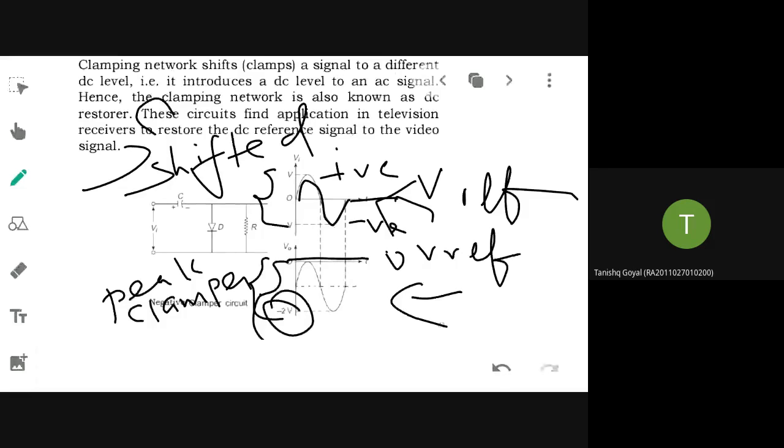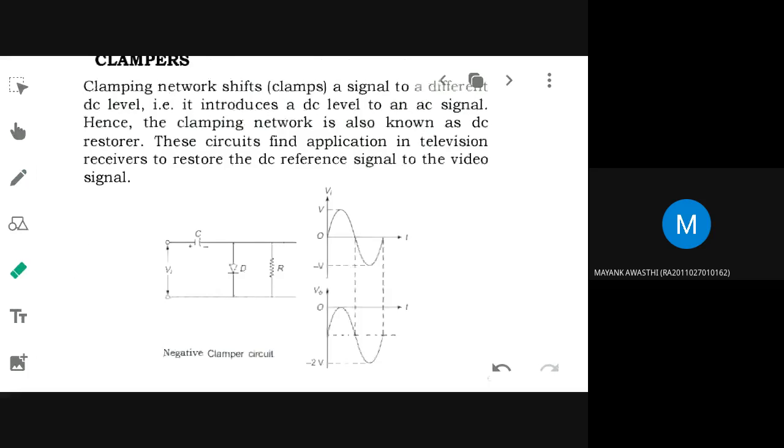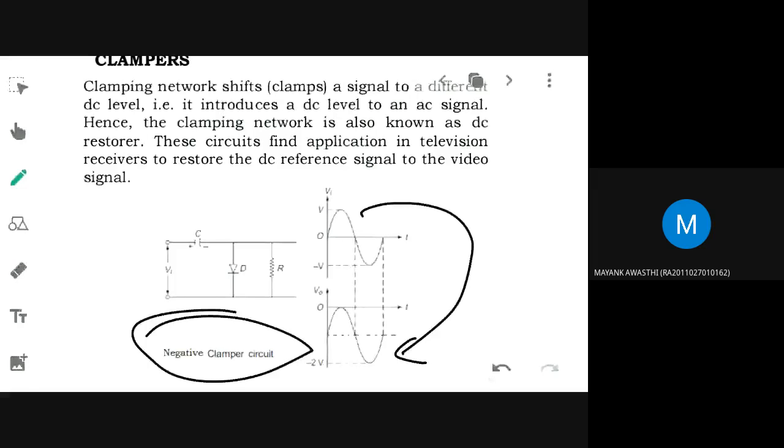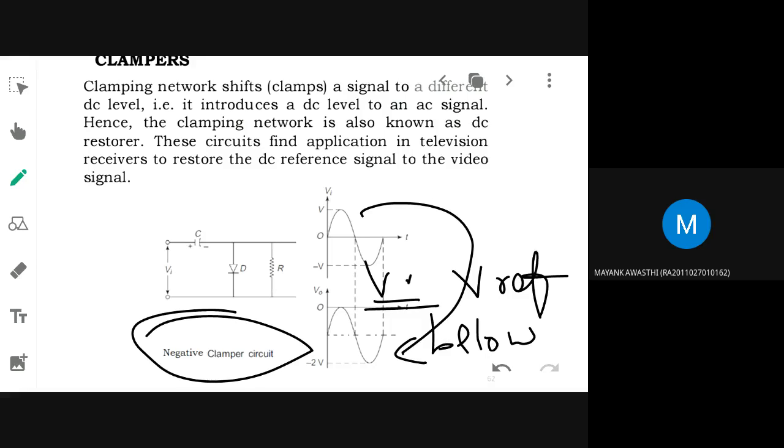So will this be a negative clamper or a positive clamper? Negative clamper, because the entire waveform is shifted below V reference, which is 0 here. So this is an unbiased one.